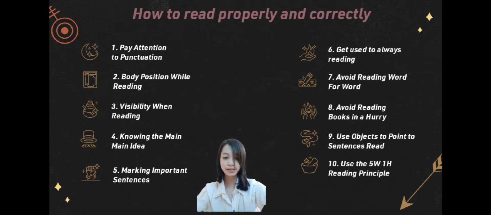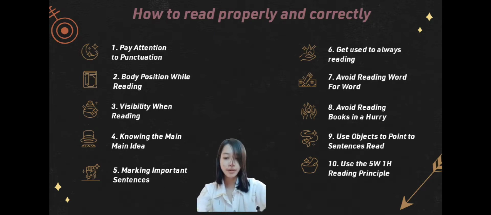The period, question mark, and comma have different stopping times, while the period has a longer stopping time than the comma, so that the intonation of the reading becomes more precise and easier to hear. Then the contents of the reading can be absorbed by the brain.